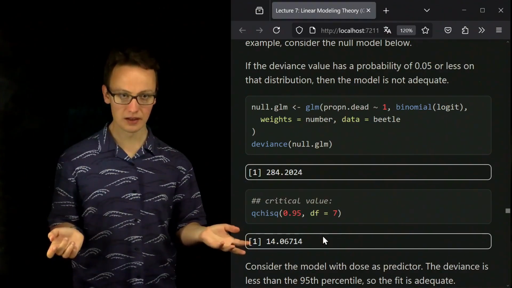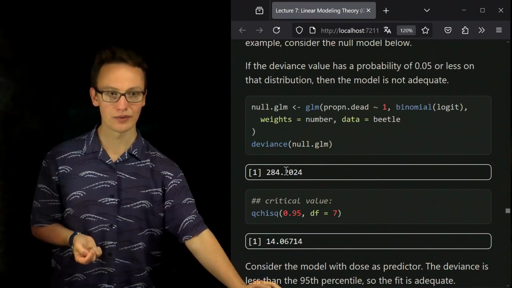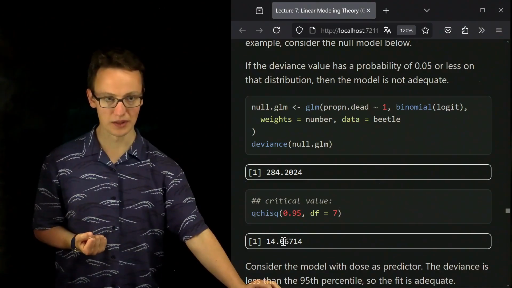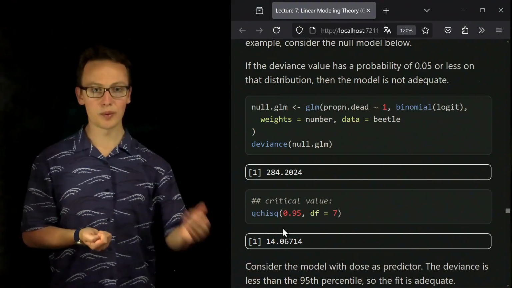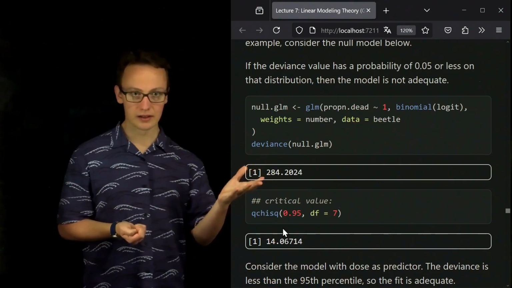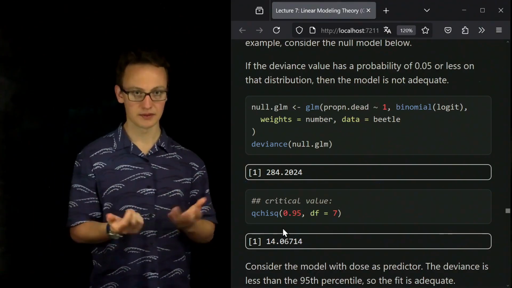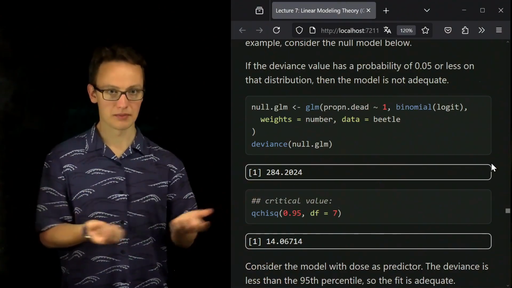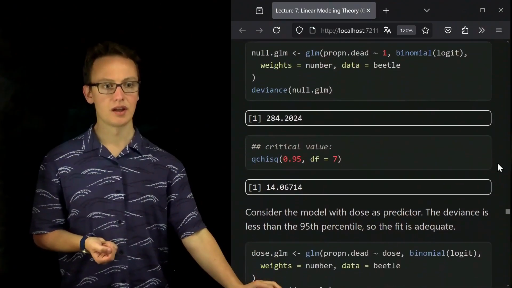And what do we see? Well, we see that indeed our deviance here being 284 is way above the critical value, which is 14. So 284 is much bigger than 14. Therefore, we can conclude that our null model has a deviance that is too high, like it does not have sufficient goodness of fit, right? Which is understandable because it doesn't include that very crucial predictor dose.